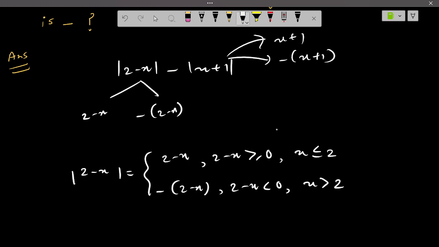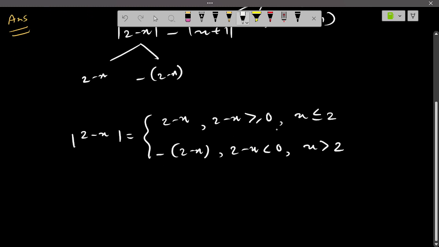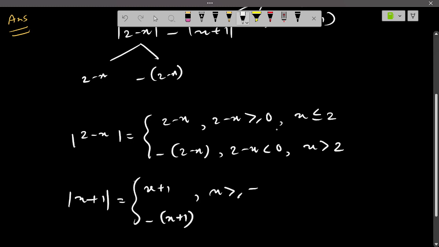Okay, so this is our breaking of the modulus of 2 minus x. Let me move ahead and do the next one. Mod of x plus 1 again has two parts, x plus 1 and minus of x plus 1. The conditions I am writing directly: x greater than minus 1, and x less than minus 1.